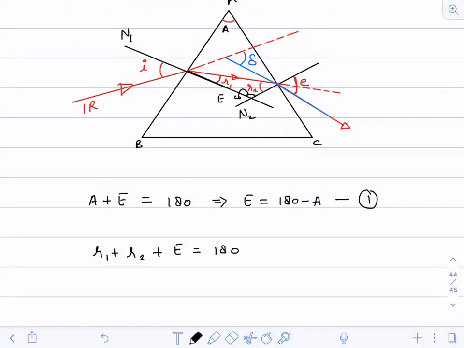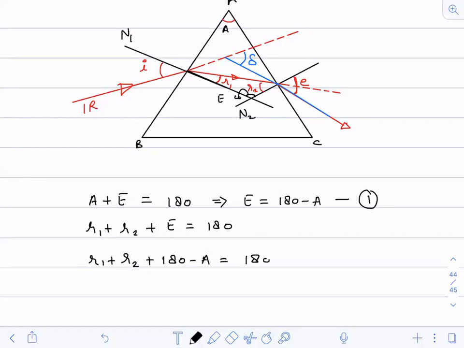Now the value of E we know, so we substitute the value of E in this equation. So we get R1 plus R2 plus 180 minus A is equal to 180. Correct?